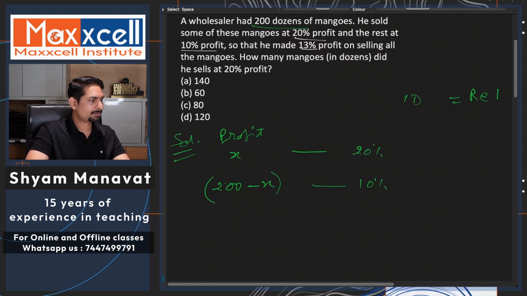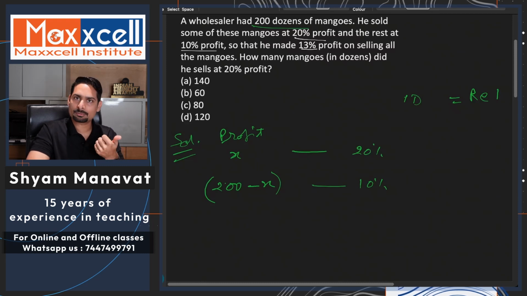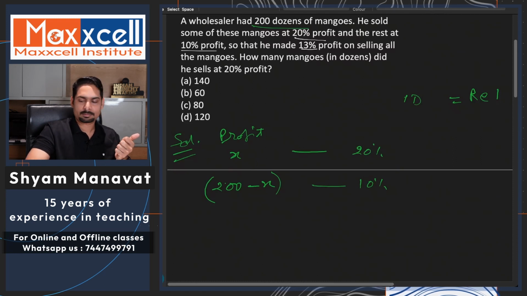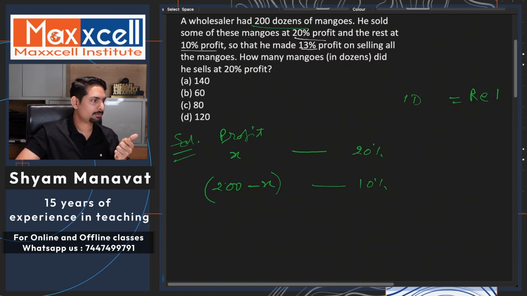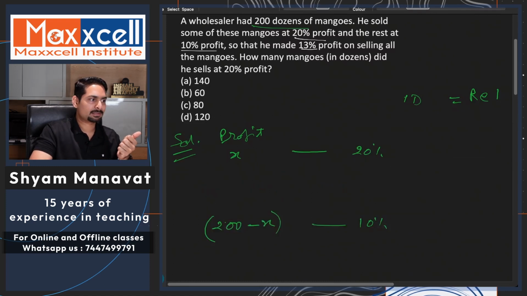Now if you combine this, you have quantity X dozen for 20%. So I can say the cost of X dozen should be X rupees. Let me make it simple for you. If I assume 1 dozen costs 1 rupee, then X dozen will cost X rupees.